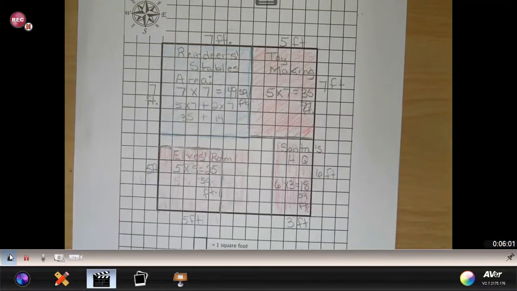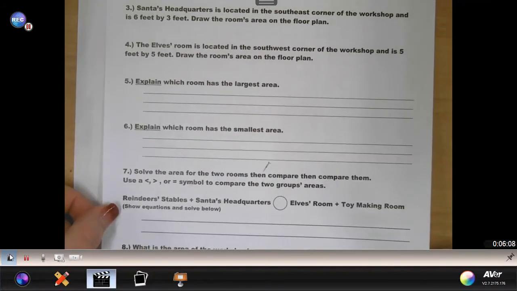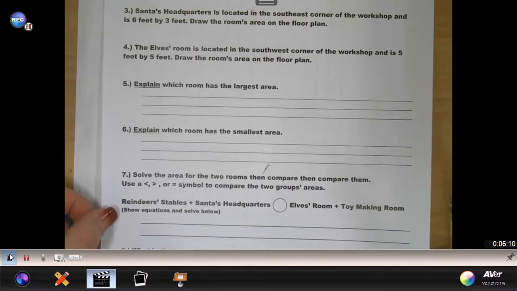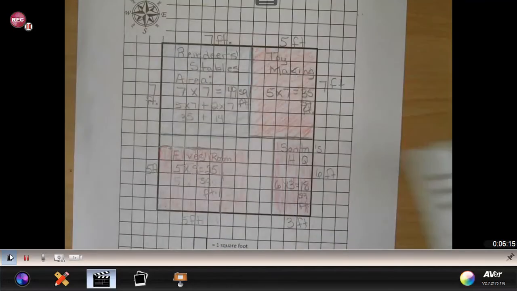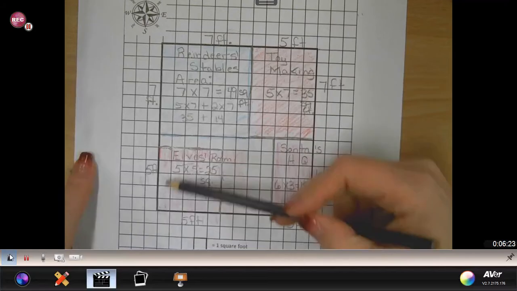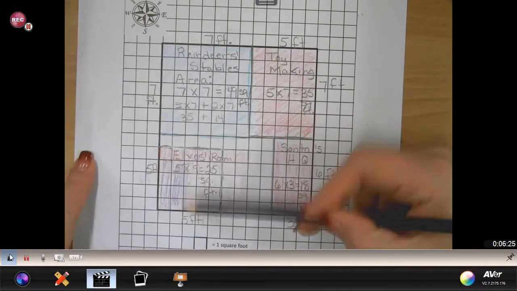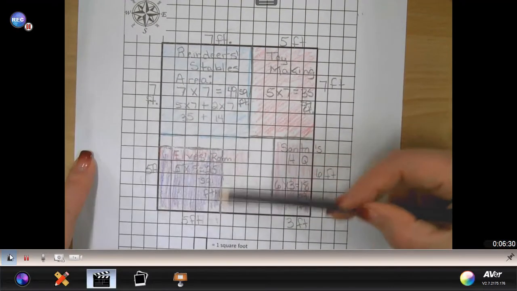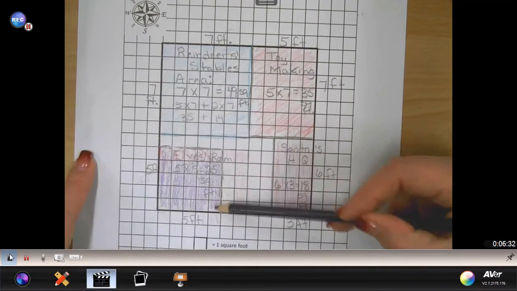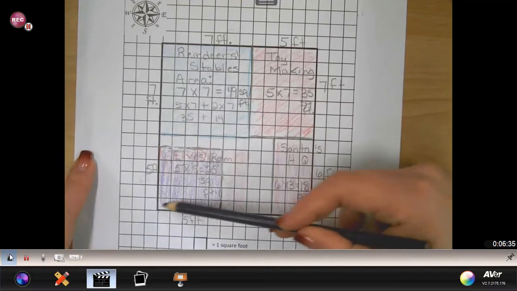Now, they're going to ask you to explain which room has the largest area. So if we look back at our floor plan, I think I'll color this in a darker blue, almost like a purplish for the elves room.